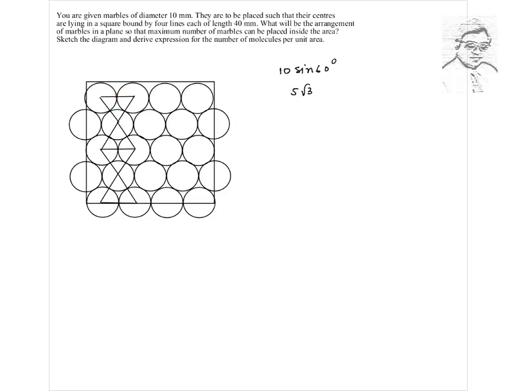34. 5 root 3 is 8.66. More accurate calculation. 8.66 into 4, 34.64. That's more accurate. So from here to here it is 34.64. And this radius is 5. Okay, 34.6 and 5. You can say nearly 40.